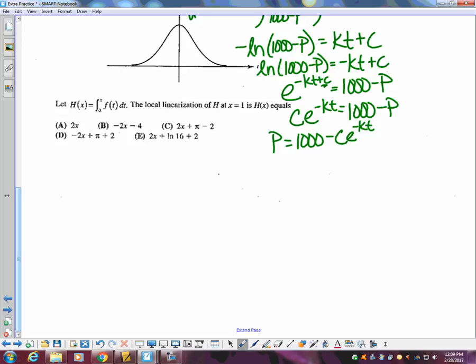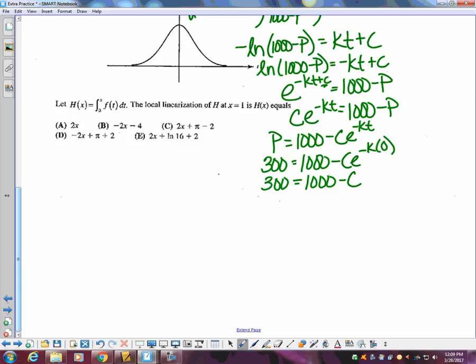Now it says my initial population was 300. Yeah, 300 deer were originally placed in the area. Normally, that's just my C, but this guy's not normal. He's got this extra stuff going on. So let's say if I have 300 deer when time is 0, let's solve for C. e to the 0 is going to be 1, and 1 times c would just be c.